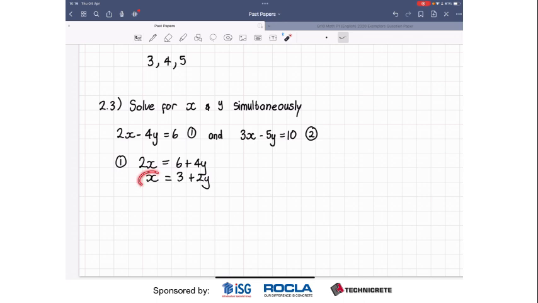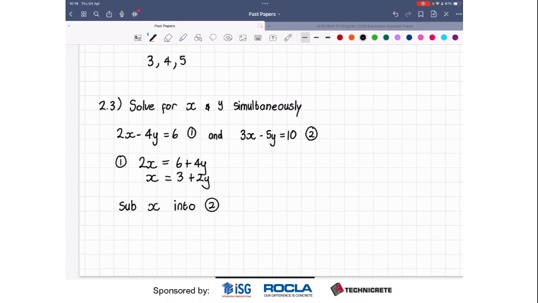Now that I've got an expression for x in terms of y, I'm going to go to my other equation, equation 2, and I'm going to substitute in x here. So everywhere that I see x, I'm not going to write x. Instead, I'm going to write this. So I'm going to sub x, I always tell the examiner what I'm doing, into equation 2.